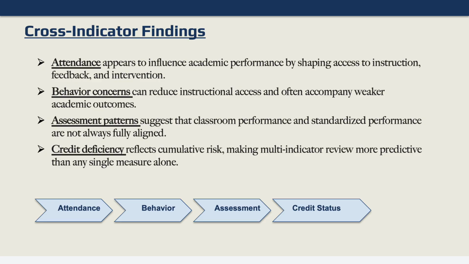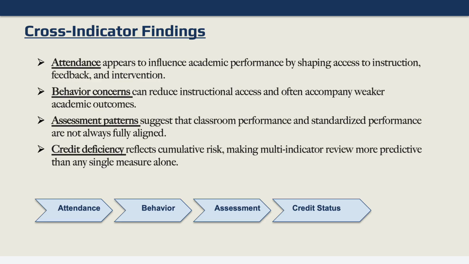Now, when we look at the cross indicator findings, we are looking at how attendance, behavior, assessment, and credit status interact to impact student success. We look at attendance and try to determine whether or not poor attendance is influencing academic performance. Behavior, we look at whether or not increased behavior is impacting instruction.